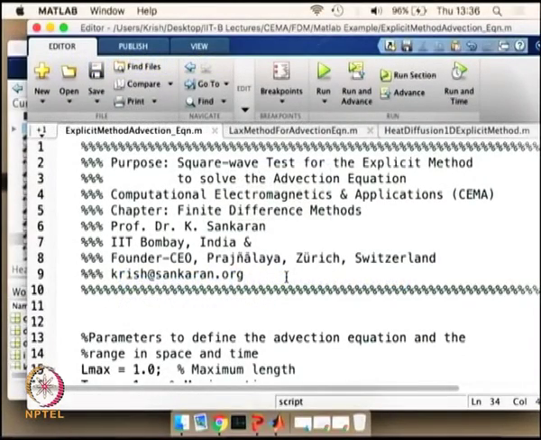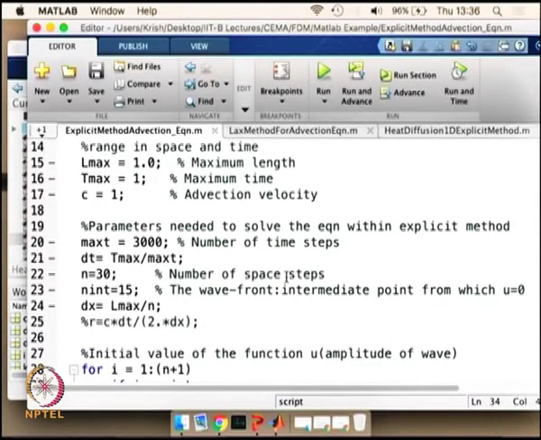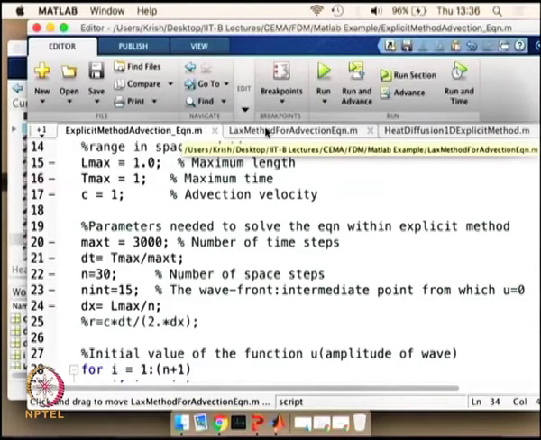Before going into the main program of the Lax method, I am going to look one more time at the advection equation using the explicit method, which we did in the previous modules. Remember that the R value is going to be strictly lower than 0.5, and in fact we have to have an R value that is very low compared to 0.5.